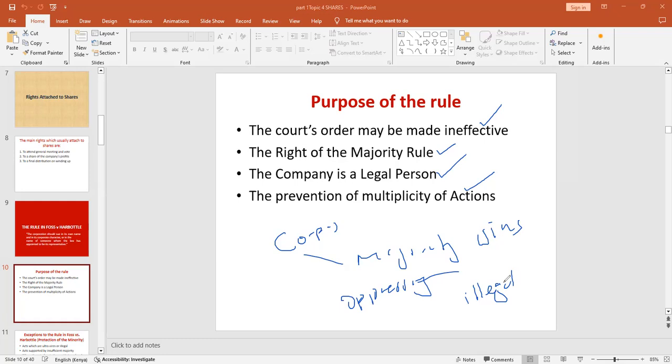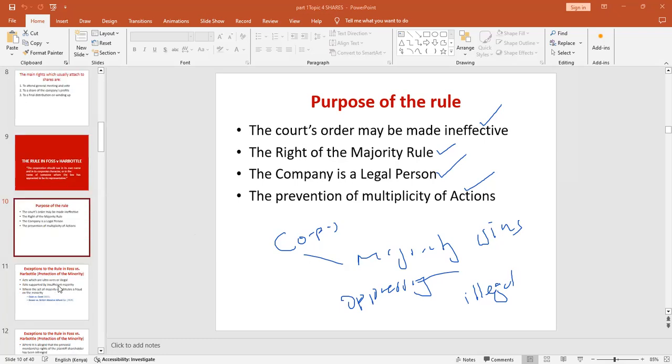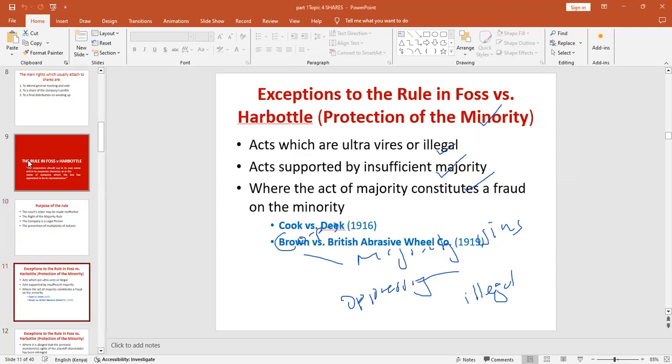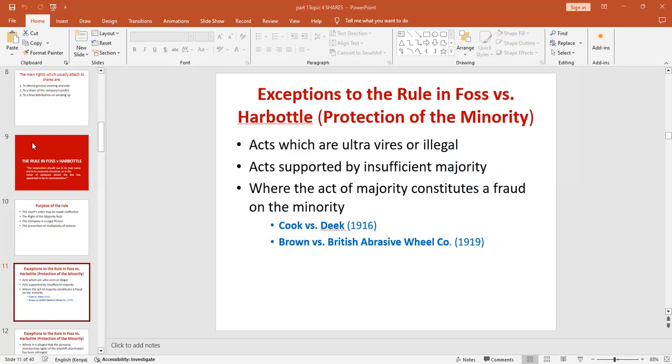So to avoid that problem, we have exemptions. You need to understand this. We have exemptions to Foss v. Harbottle for protection of the minority. Remember, Foss v. Harbottle is just a case which says the majority shareholders will win.